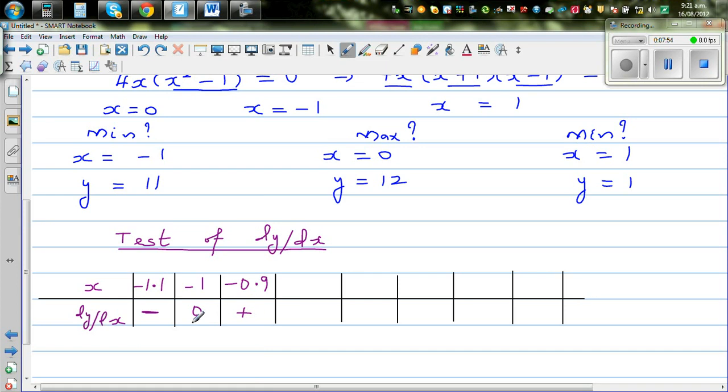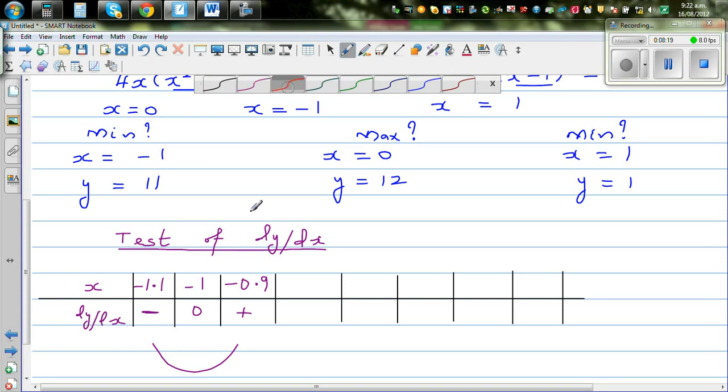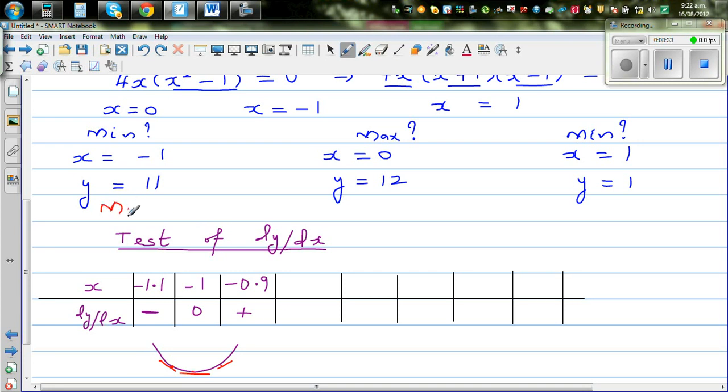From a negative gradient, going to 0, the curve would look like this, isn't it? At -1 you have a gradient of 0, to the left you have a negative gradient, and to the right you have a positive gradient. So this is confirmed to be a minimum.